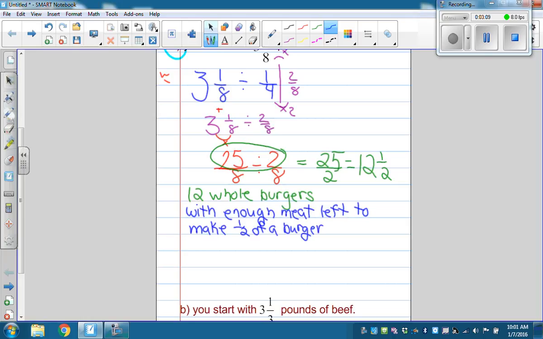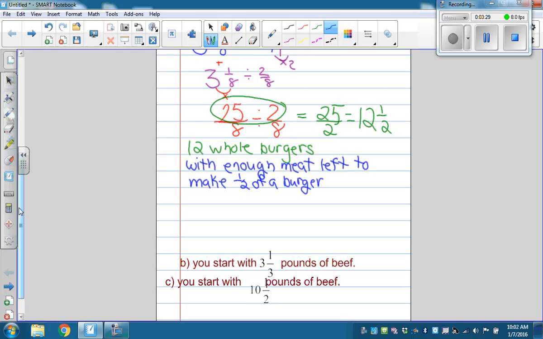Does that make sense? So how many pounds is that? What would you get? It's not 1/12, because how much meat do you need to make a burger? 1/4 pound, right? And you only have half of that. So we have half of 1/4 pound.